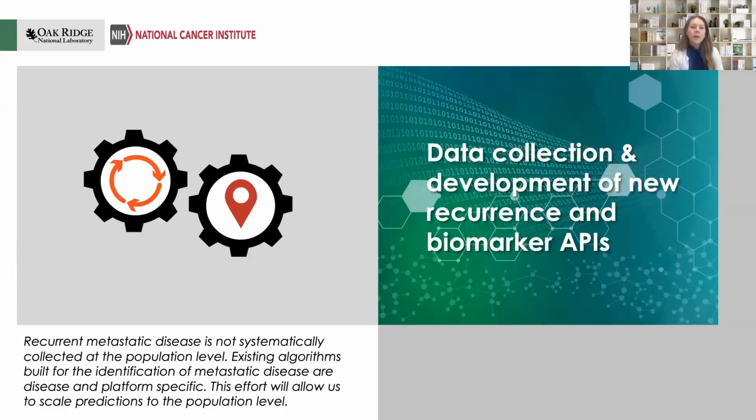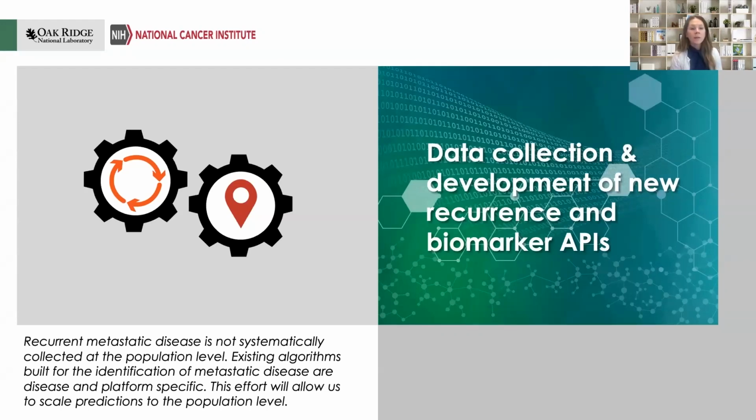Another important step in what we are doing, and a reason why the NCI partnership is so fantastic, is we are collecting data and developing new APIs. So we started with the information extraction API, and that was going very well. We have a reportability API that's great. We wanted to develop an API that could predict recurrent metastatic disease because it's not systematically collected, or has not historically been systematically collected, at the population level.